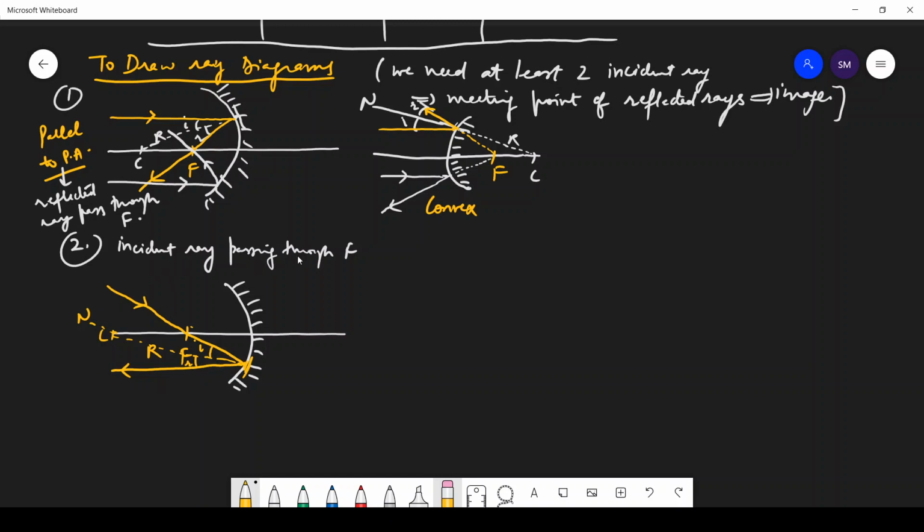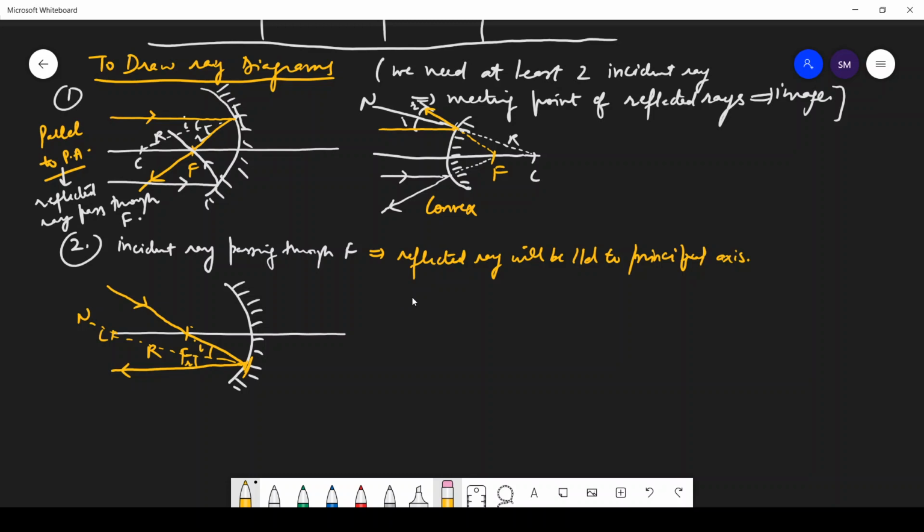So the point is that if the incident ray passes through the focus, then the reflected ray will be parallel to the principal axis. This is what you need to understand. Just the reverse of it: if the ray is parallel to the principal axis, it will pass through the focus. If the ray is passing through the focus, the reflected ray will be parallel to the principal axis.